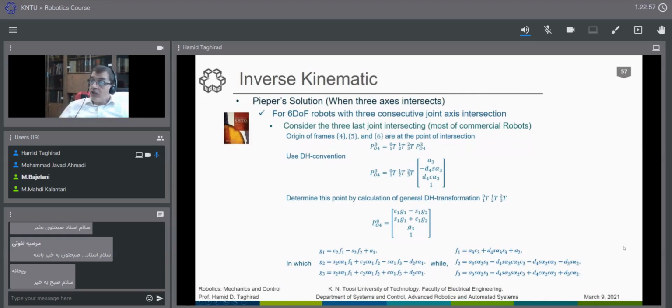In the most general case, combining this 3 by that, we can just multiply using symbolic manipulation. We have a very, very long equation. As you see, G1, G2, G3 will be seen in here, decomposed in some way so that we can find theta 1, theta 2, theta 3.